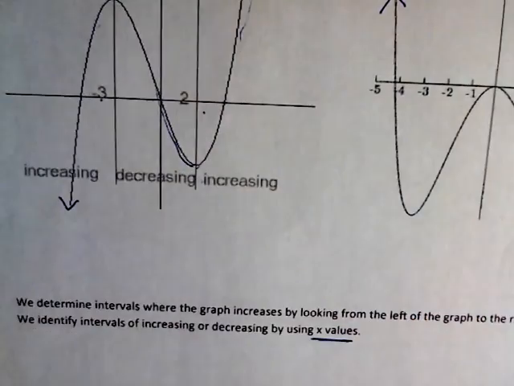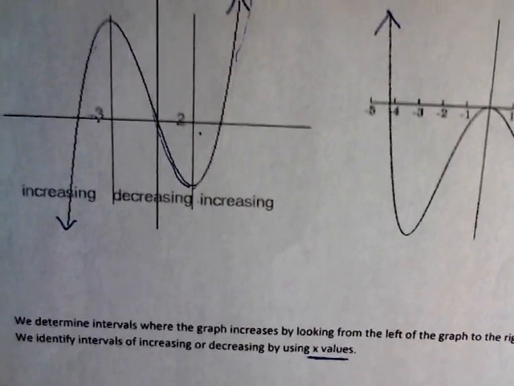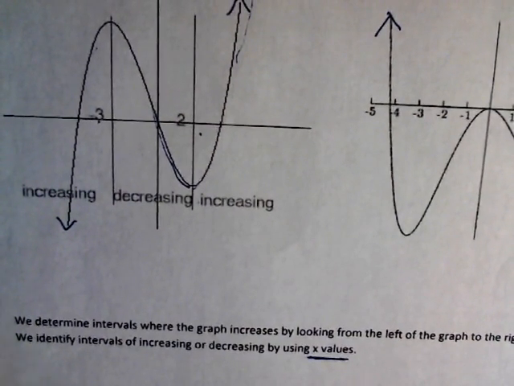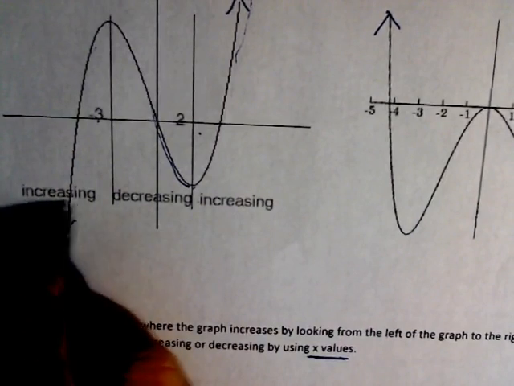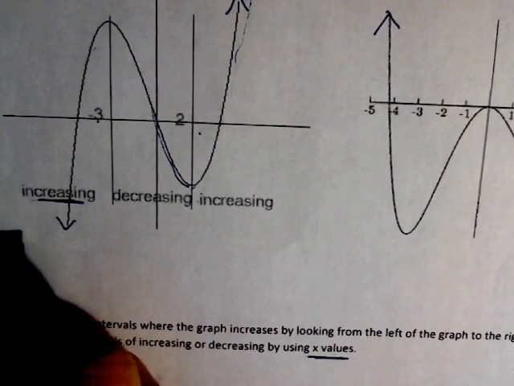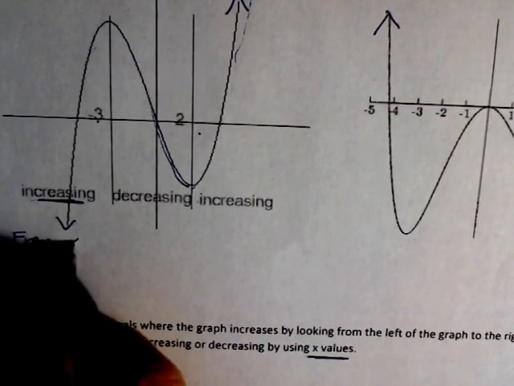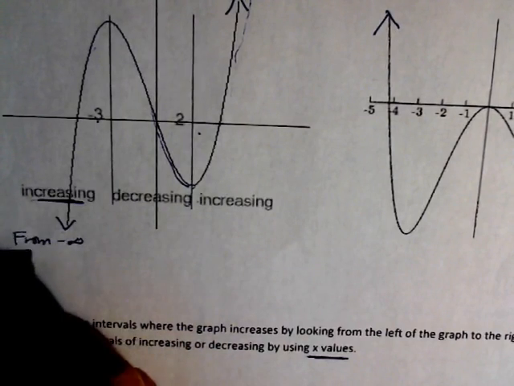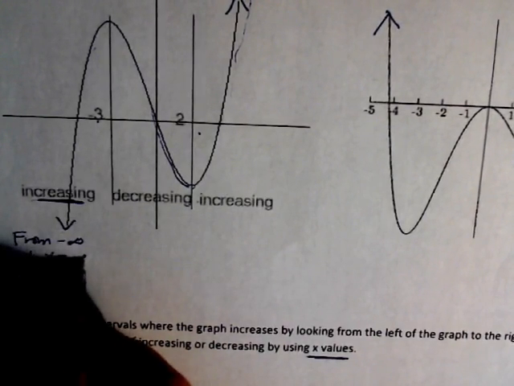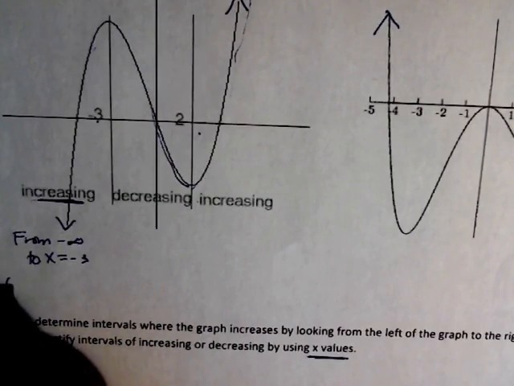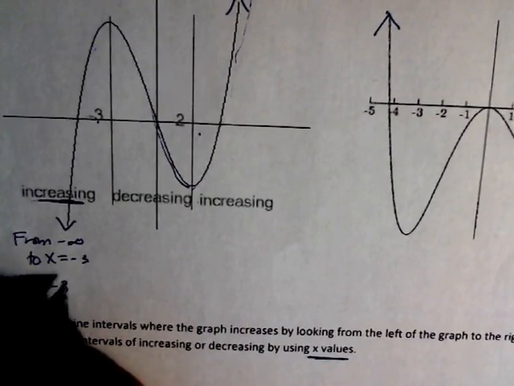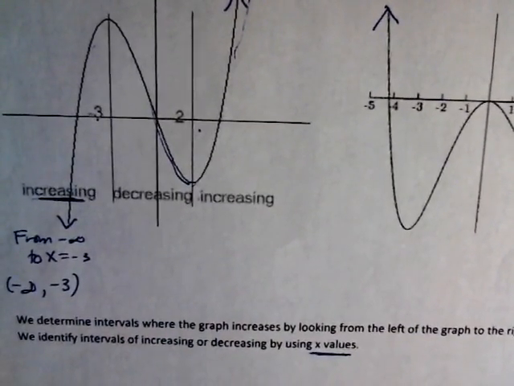So you have to give me the x that tells me where it's going up and down. So in this interval here, it's increasing from -infinity to x is -3. And you can do interval notation, always parentheses for interval notation.